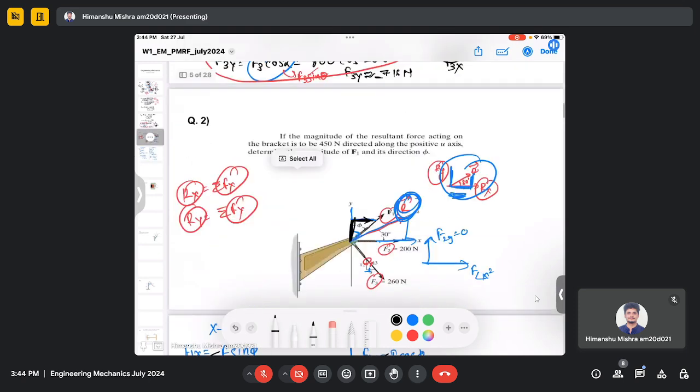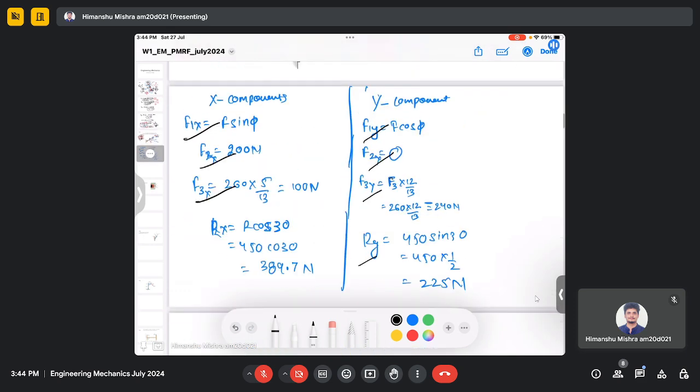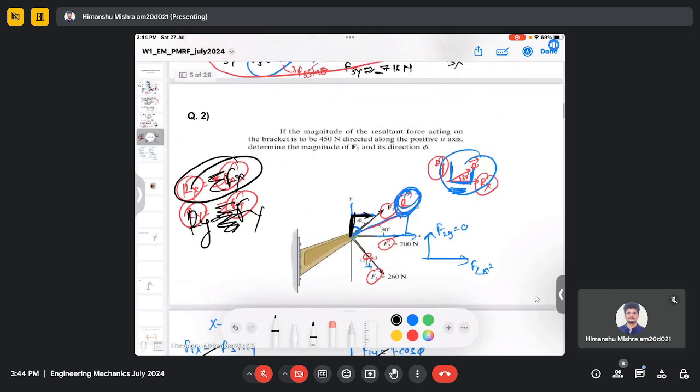As per the relation we have seen, my Rx will be the summation of all the forces in the x direction, and Ry is the summation of all the forces in the y direction. So now let's use this relation, because we need to find two quantities.